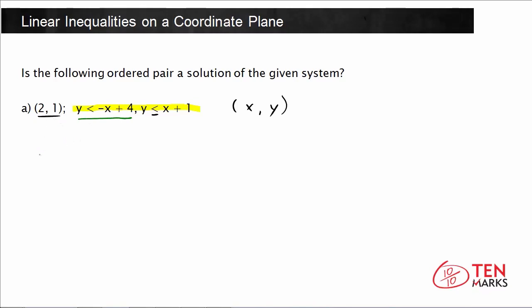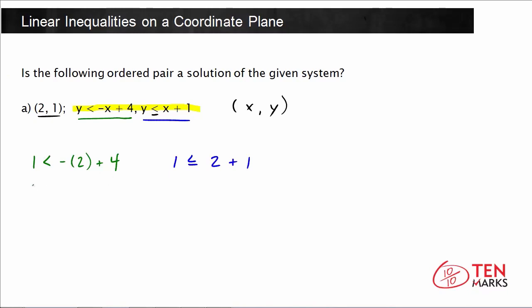Again, use substitution: 1 is less than negative x, which would be 2, plus 4. And now we will do the other one in blue, and we're going to substitute again. So y is less than or equal to 2 plus 1. Now if both of these inequalities hold true, then the ordered pair 2, 1 is a solution to the system of linear inequalities. So let's go ahead and solve.